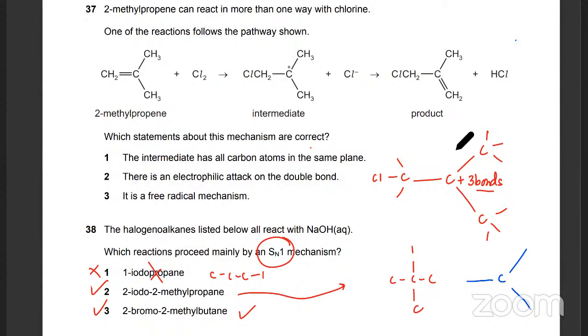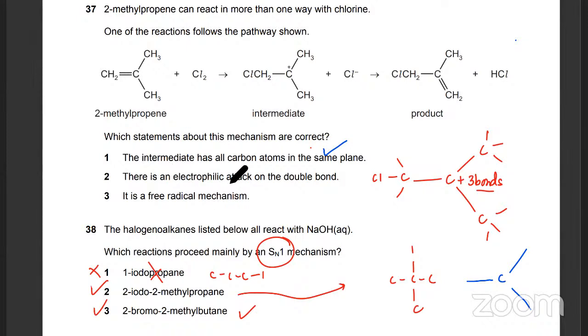So it's going to be trigonal planar, fan shaped, which would make all the carbon atoms in the same plane. After that, it's not going to be in the same plane, but up till this point, this is fan shaped. Is this part clear? That they do lie in the same plane. Yes or no? Is this clear? Yes, sir.